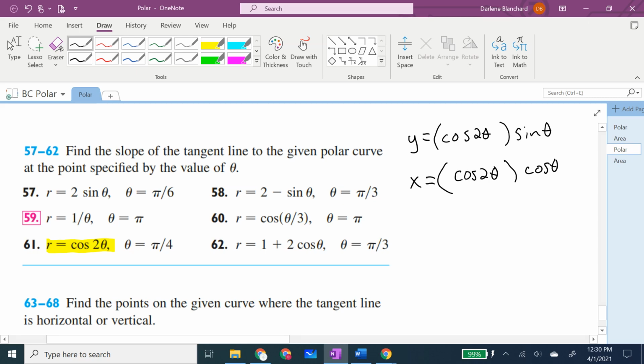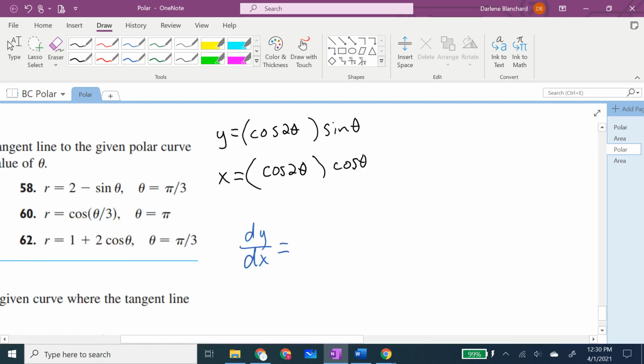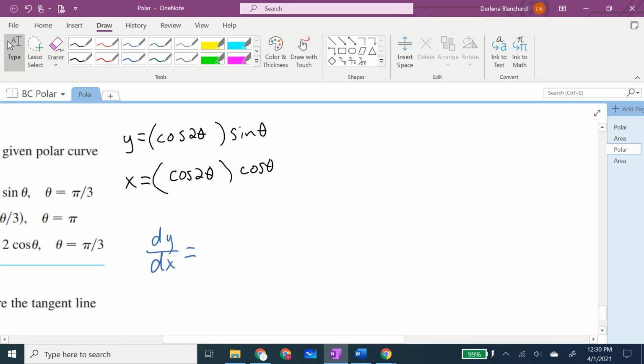And now I am going to find dy/dx. Sometimes you can nicely simplify what you have, and it doesn't always simplify. It doesn't simplify here. So for dy, you are going to product rule this pair.